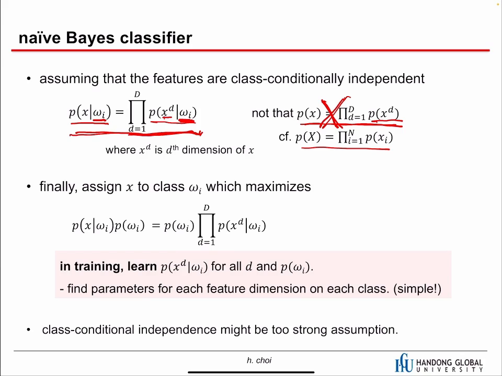And compared to this one, when we have a lot of data samples, x means x1 to xn. When we have n samples, the probability of n samples will be the product of p of xi. This is usually what we assume in pattern recognition.